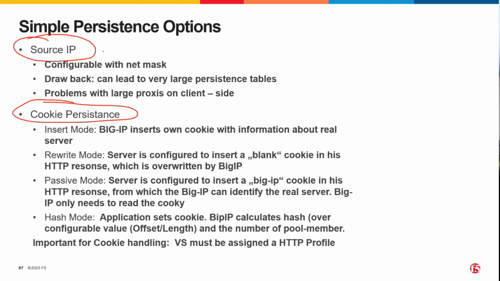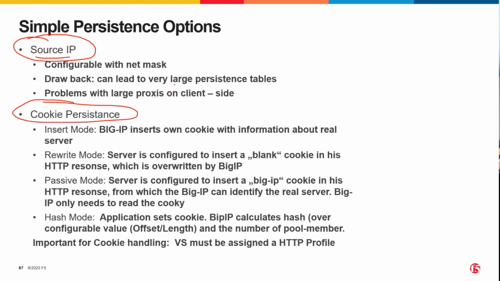So the source IP persistence profile is actually using the source IP of the client connecting to my virtual server. And I will store that information for that source IP of the client in my persistence table. So this is very important. We are using a persistence table, which is separate from the connection table on BigIP. And I'm storing that IP address, and together with this, I'm storing the information about the chosen pool member.